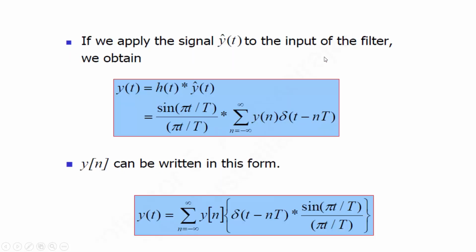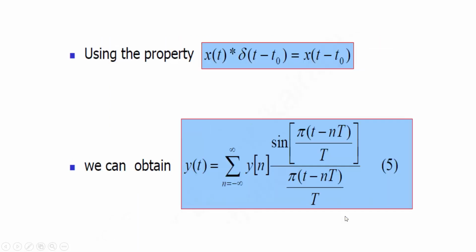So that's the property we can apply here. Once you convolve the shifted impulses with the function, the function itself gets shifted. So that's what is done here. This sinc function gets shifted with gaps of capital T, and this will be y[n] times the shifted versions of the sinc pulse. This response is for n equal to minus infinity to infinity.